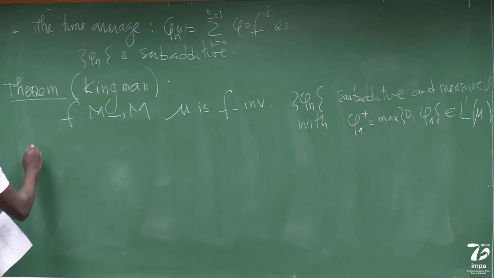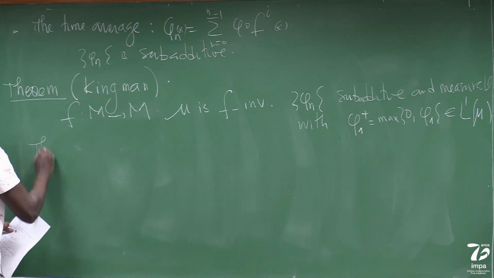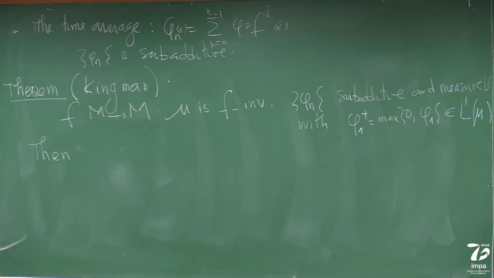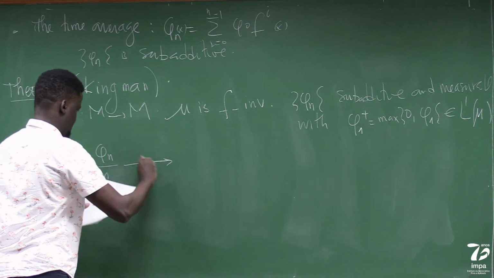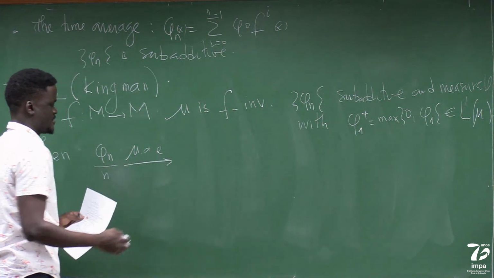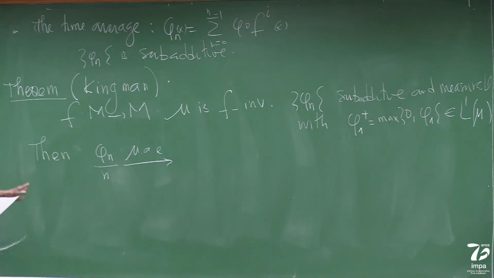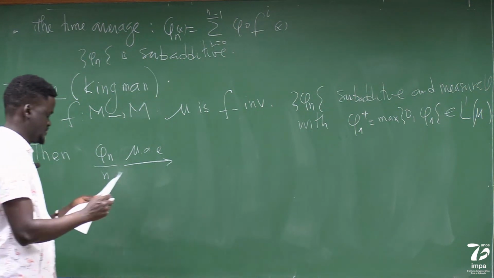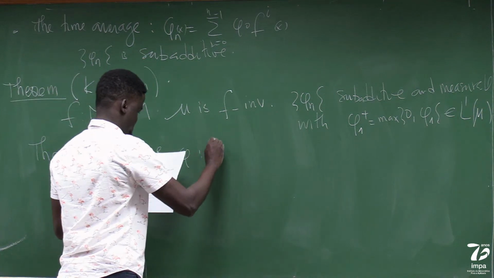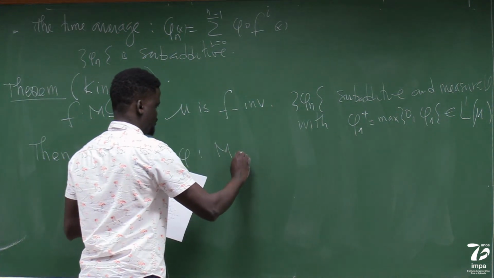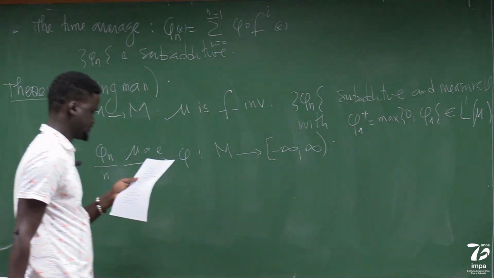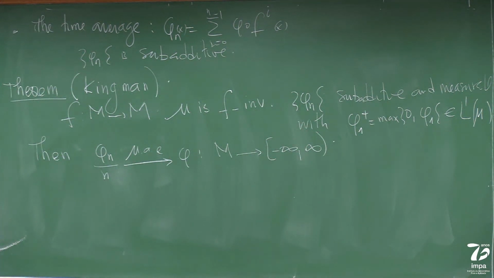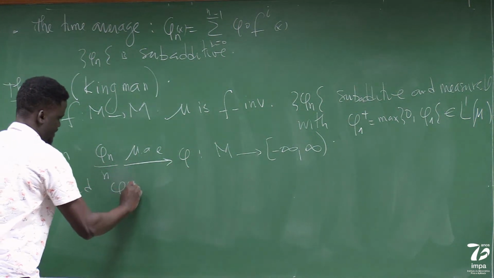So the subadditive ergodic theorem says that phi n over n is converging mu almost everywhere. We have a pointwise, almost everywhere convergence to phi, from M to minus infinity, plus infinity. And this limit function is f invariant.